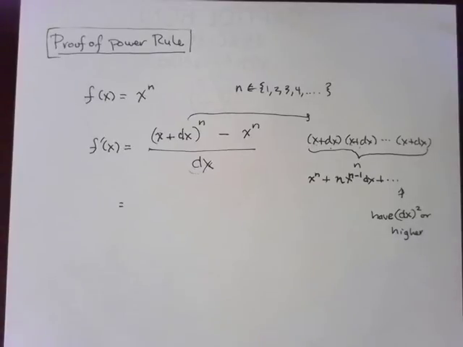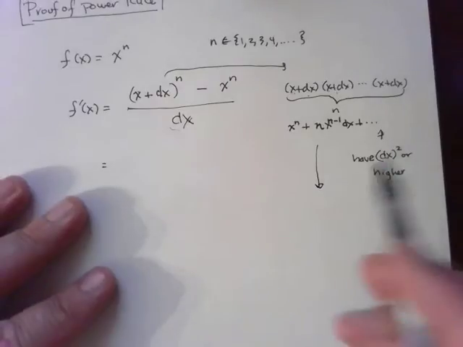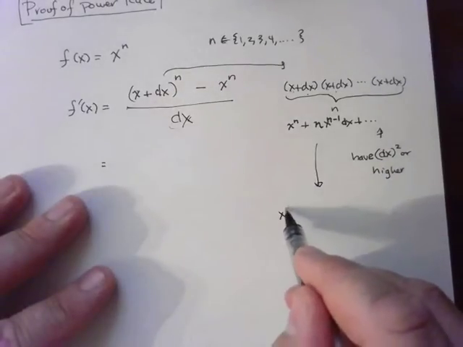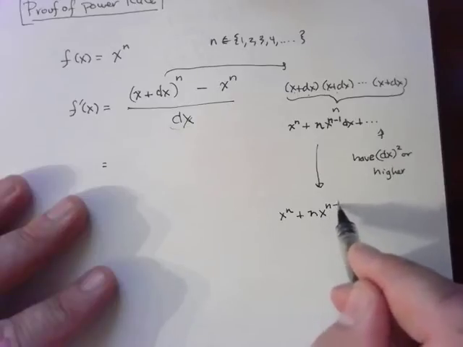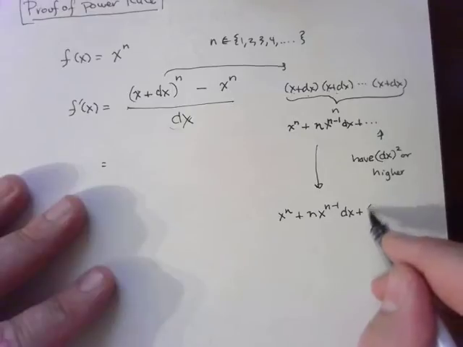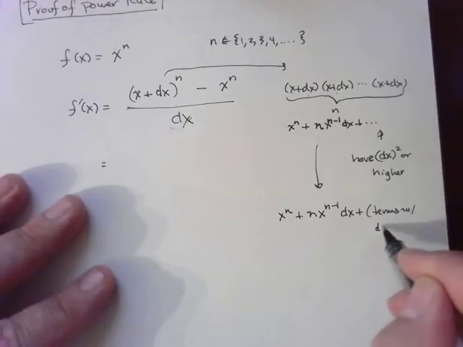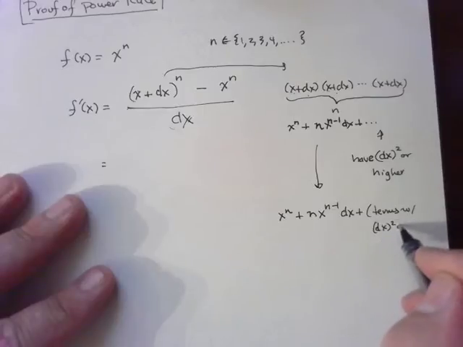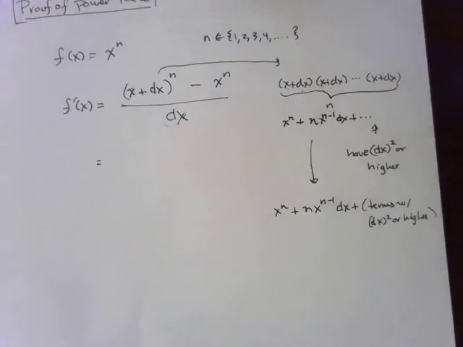So what I will do is I will write this as x to the n plus n x to the n minus 1 dx plus terms with dx squared or higher. So I'm going to plug this back over here.